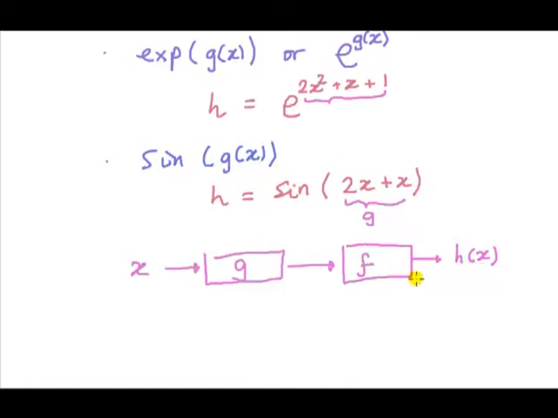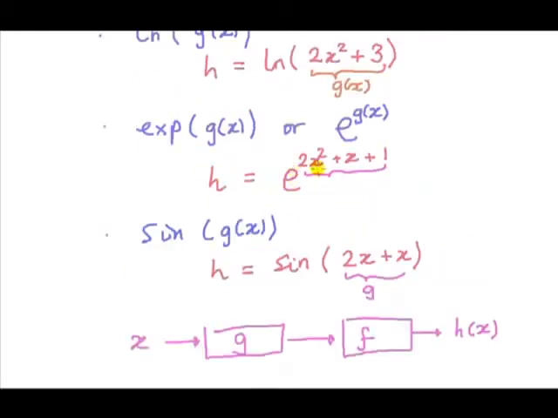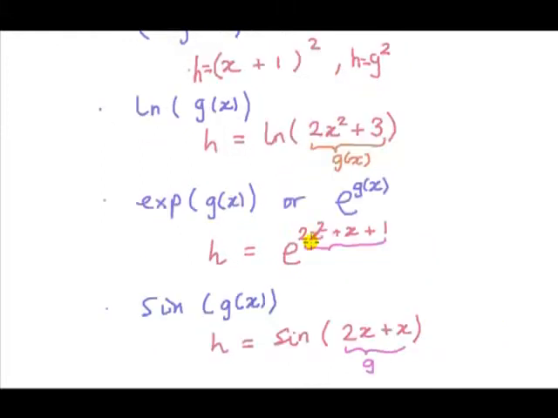So in the sine case, feed x into 2x plus x to get an output, and then feed that into the function sine, the f function, to get h. For the exponential case, first we calculate the quadratic, the g bit, and then we feed that into the f bit, which is the exponential.